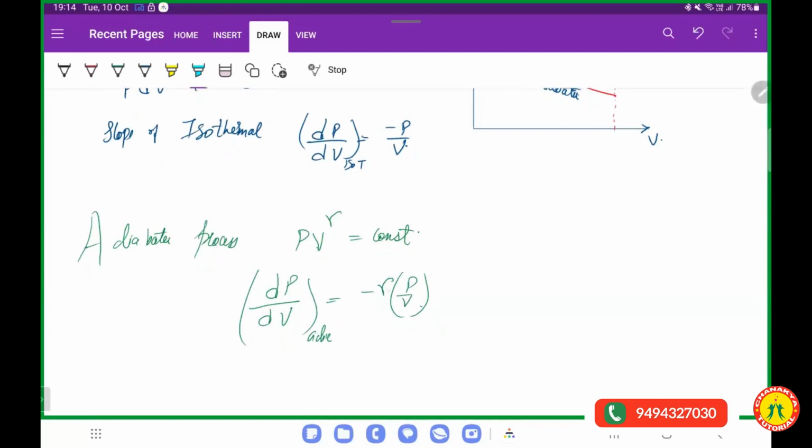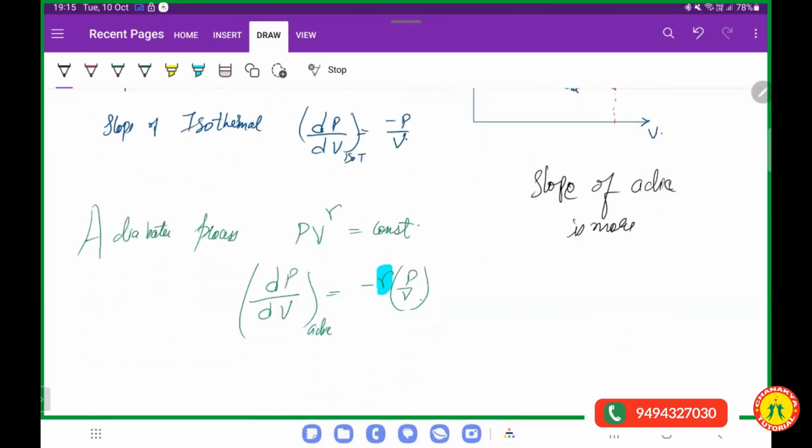So with this value, we can conclude that slope of adiabatic, from the diagram also, is more steeper than isotherm.